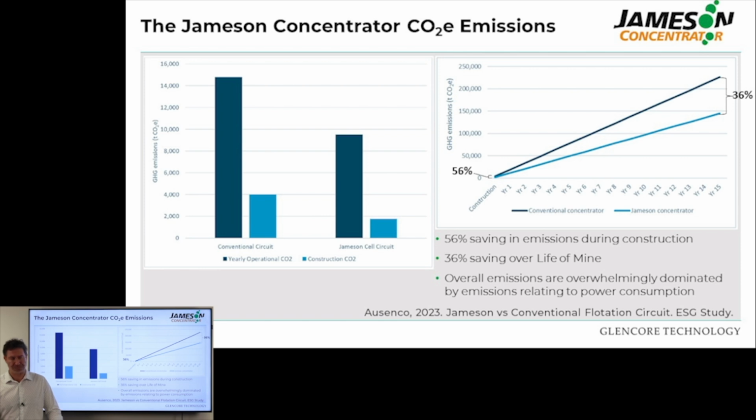In the construction phase, the savings come from using less steel and less concrete, which need carbon to produce. In the operation phase, the savings come mostly from the reduction in power consumption.